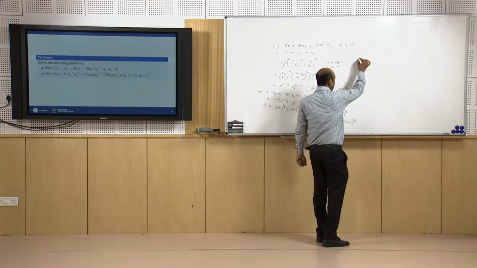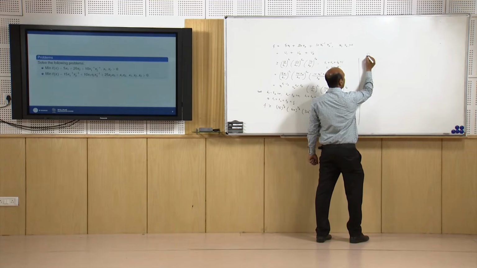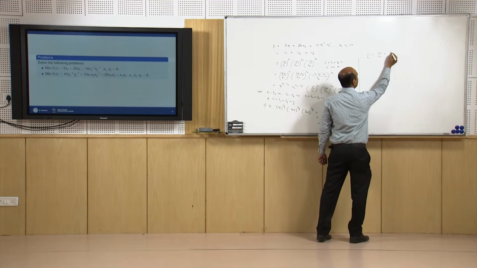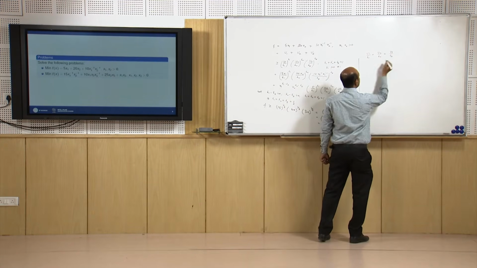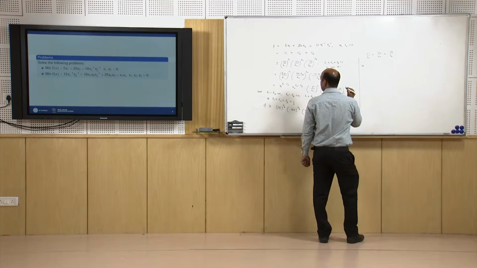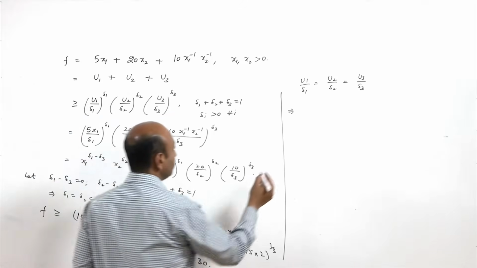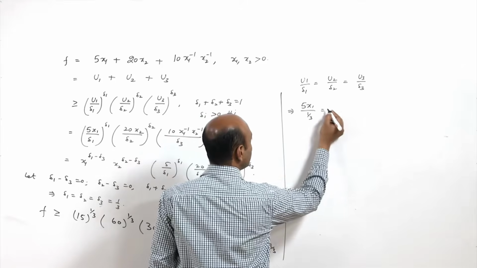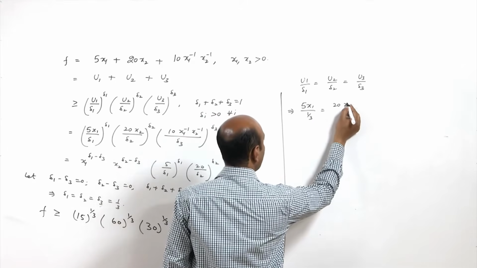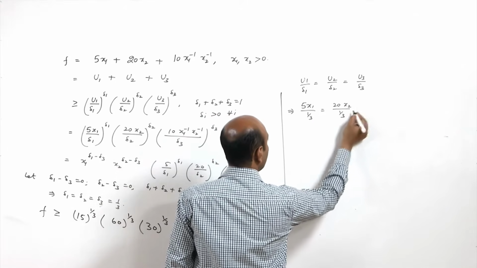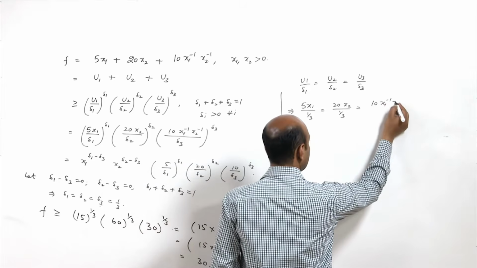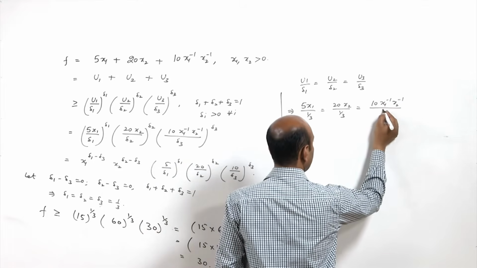So, what are the values of x1 and x2? u1 upon delta 1 equals u2 upon delta 2 equals u3 upon delta 3. This implies, u1 is 5x1, so 5x1 upon delta 1 equals 20x2 upon delta 2 equals 10 x1 raised to power minus 1, x2 raised to power minus 1, upon 1 by 3.